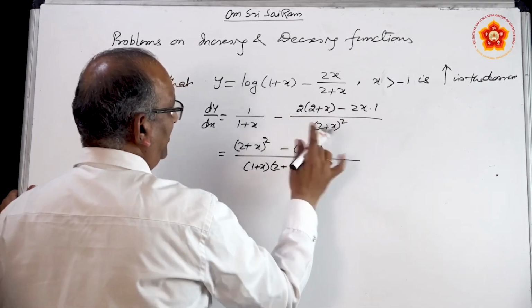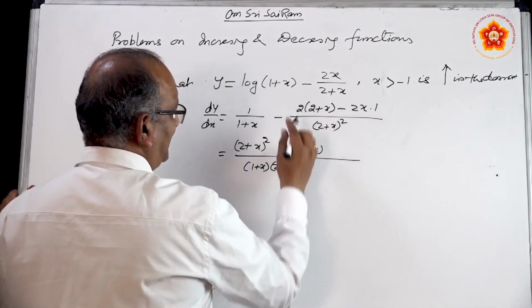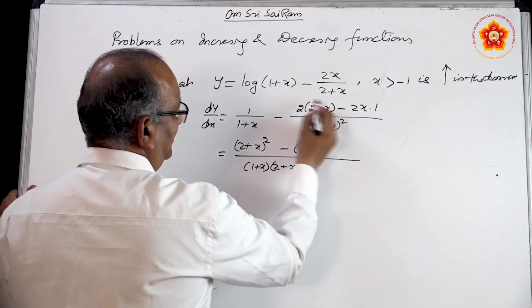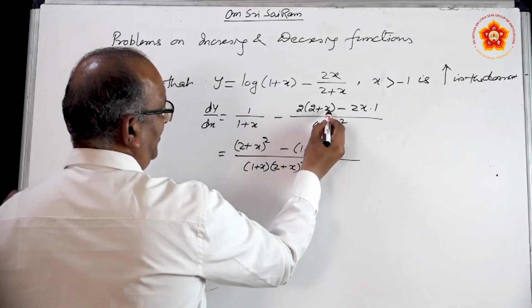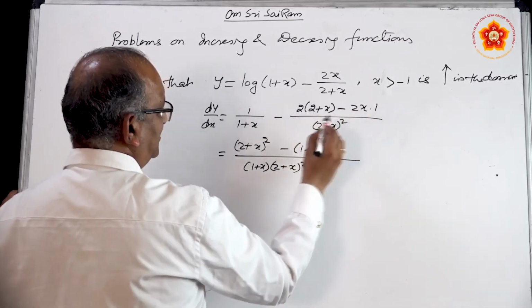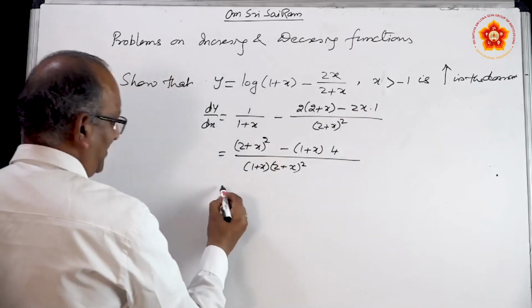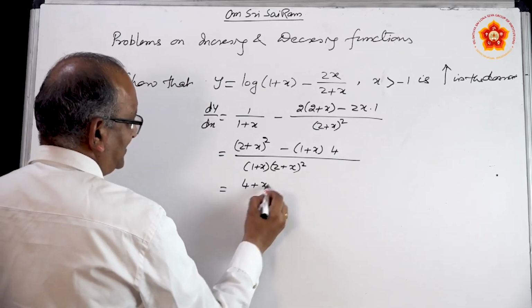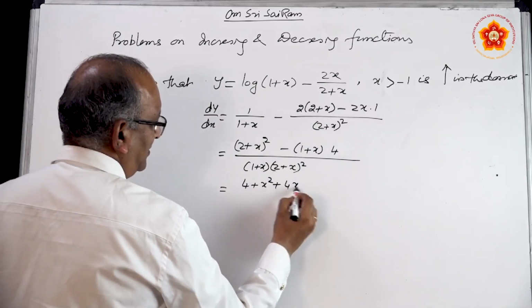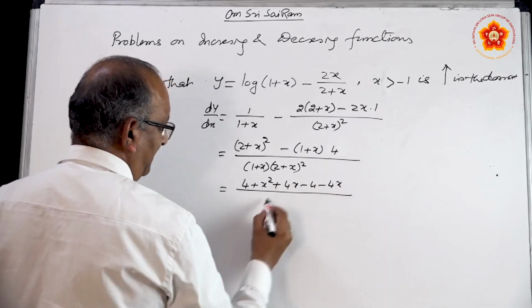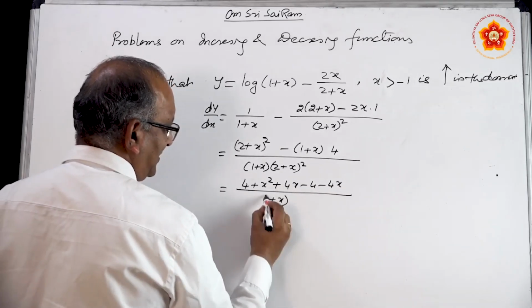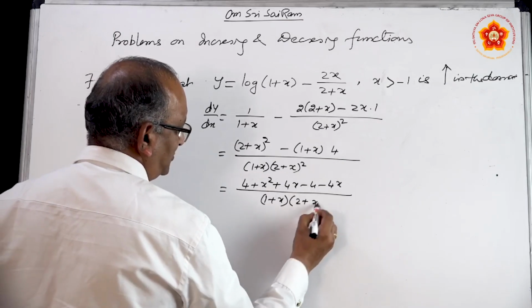So, basically 1 plus x comes from here. Simplify this, you are only going to get 4. Simplify it further: 4 plus x square plus 4x minus 4 minus 4x upon 1 plus x into 2 plus x whole square.